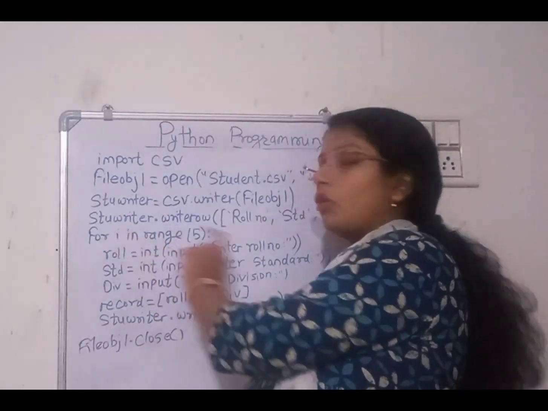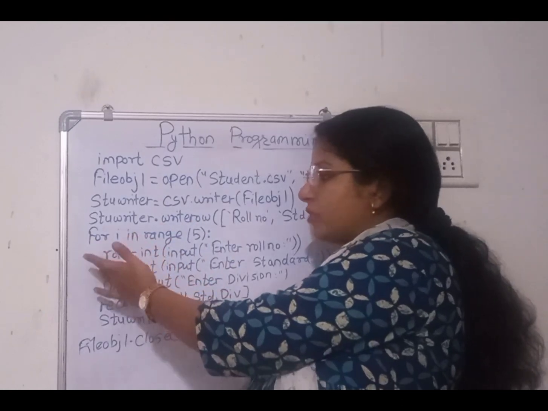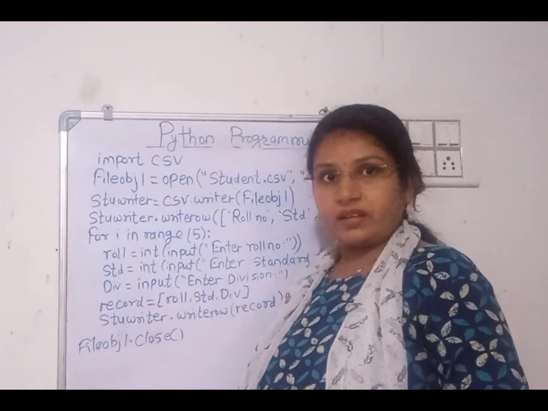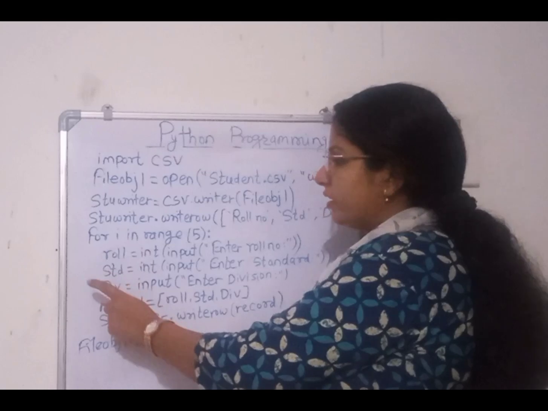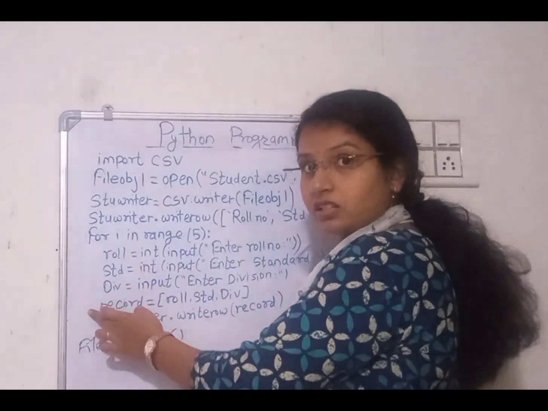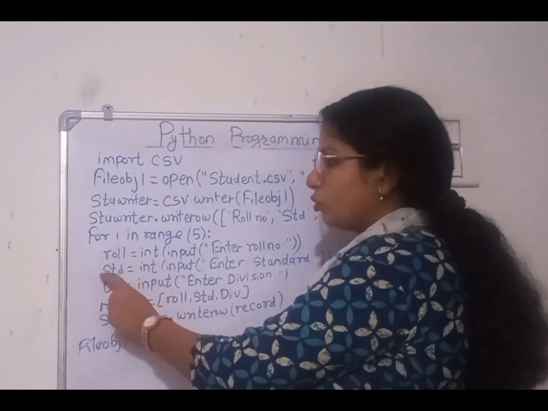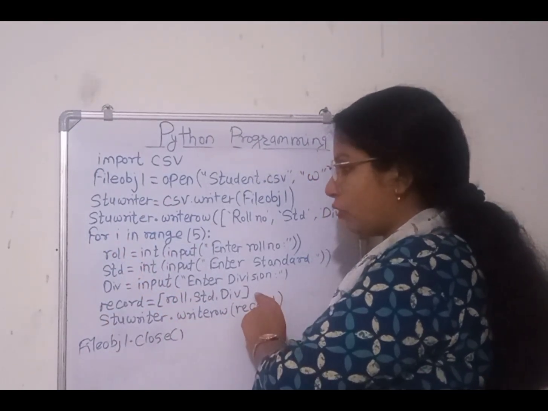So I am using the for loop. For i in range, 5 times I am taking the 3 variables to place the values. So roll, standard, division, I am taking the values from the user. Then I am creating the list here which will save this roll number, standard, division in list format.